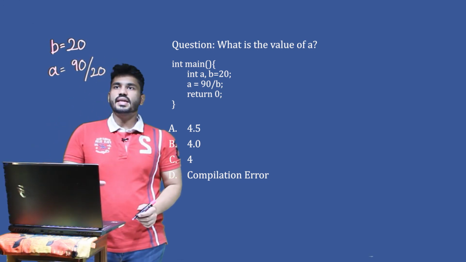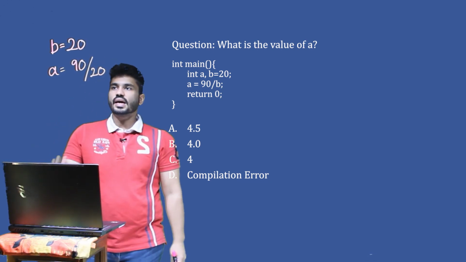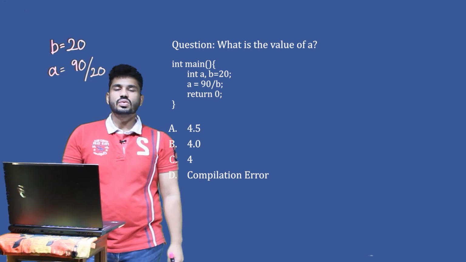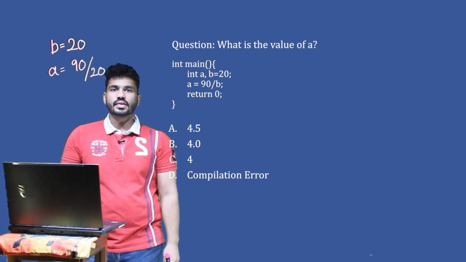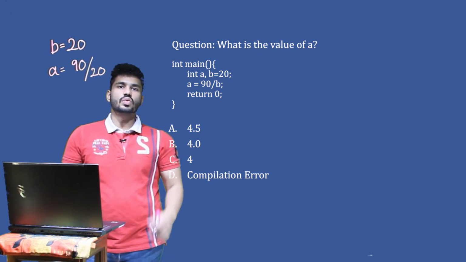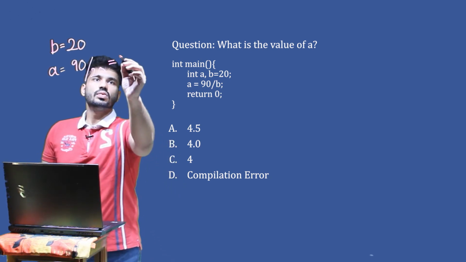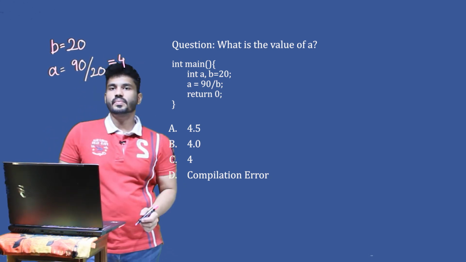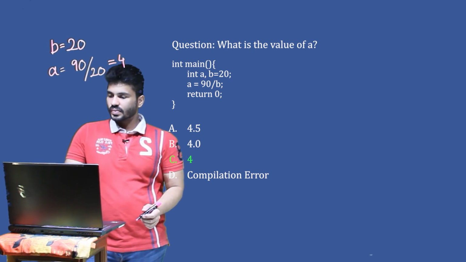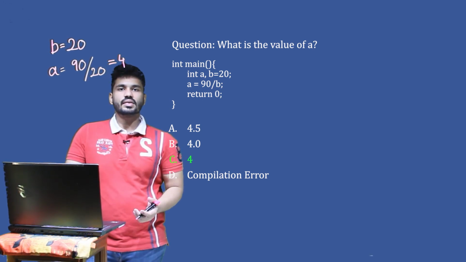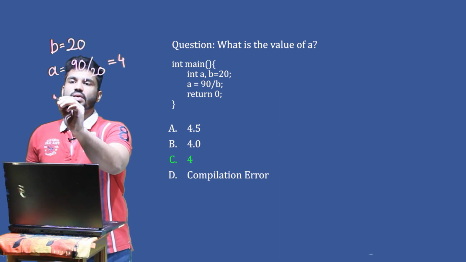As you can see, 90 and 20 both are integers and A is also an integer. So integer arithmetic will apply. 90 upon 20, the quotient will be 4. So A will be equal to 4. In the next line we are printing A. So 4 will be printed on screen.